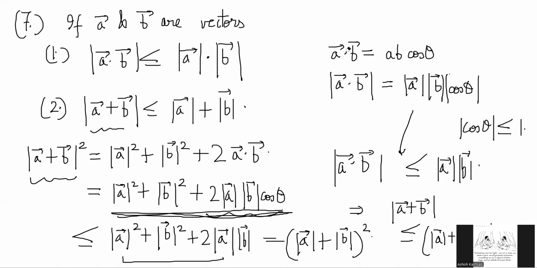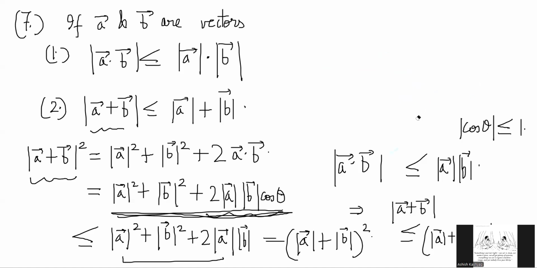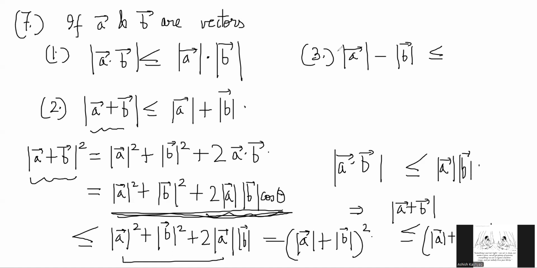The third identity, which is similar to the first two, and it's an inequality, is this one. You can say mod of A minus mod of B, the modulus of the whole thing, is less than or equal to mod of A minus B, right?